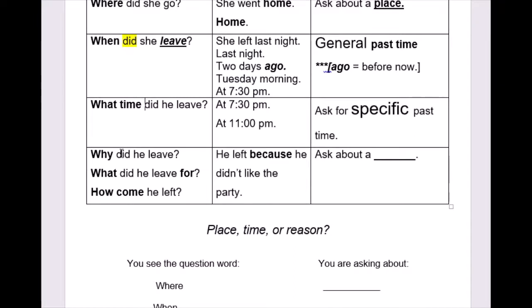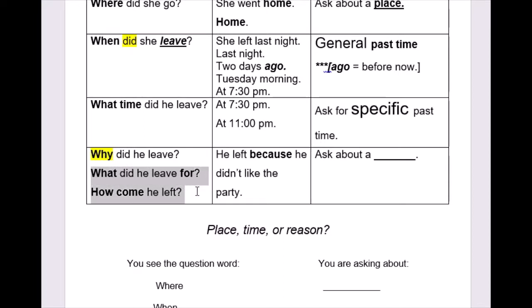Next, let's look at why. Why did he leave? What did he leave for? And how come he left? So all of these mean the same thing. Why is more formal for writing, okay?